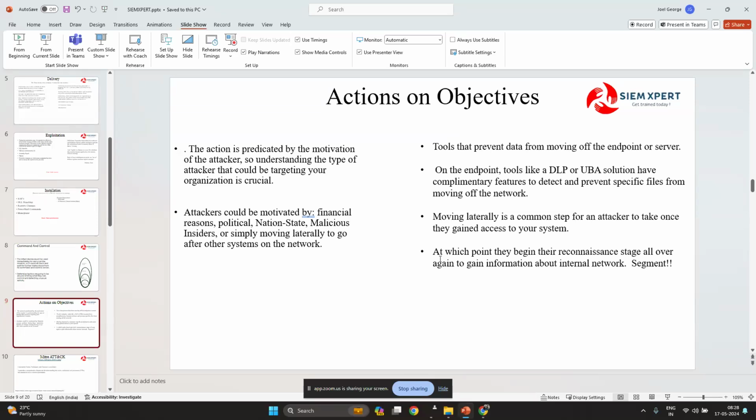It just goes on in a circle. Again, he runs a scan on the network, does recon, and finds a vulnerability in your infrastructure. So this is the cyber kill chain, with a little bit of detail.